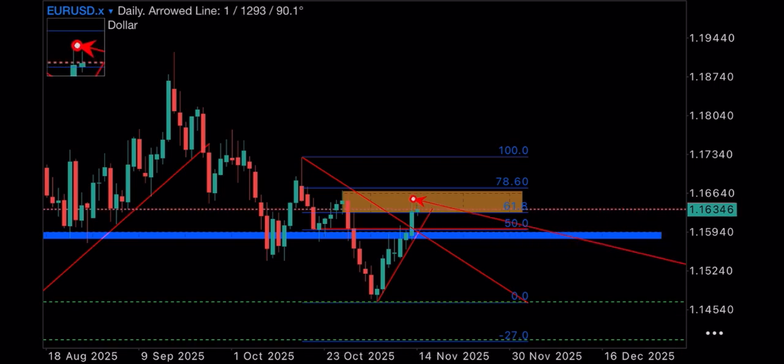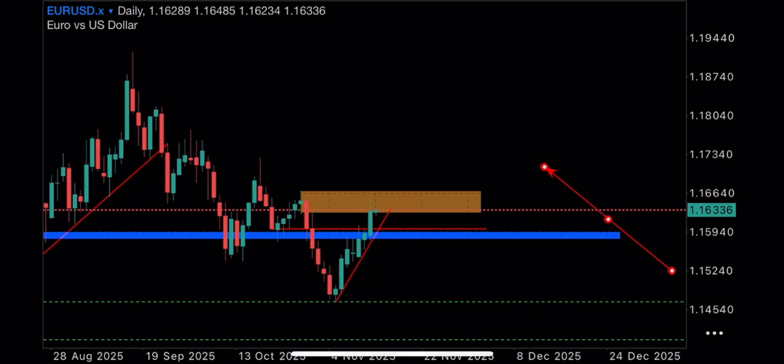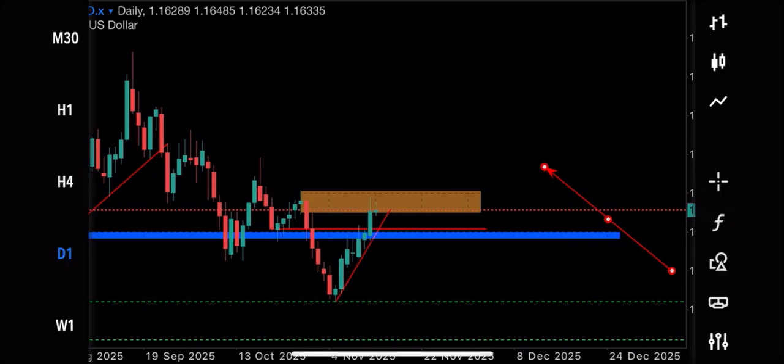And we have it in the golden zone as well, all right? Price is at our golden zone, but we will not just take a trade because this is the daily time frame. So what we do is we'll have to go to a lower time frame like the 4 hour or 1 hour, and we see what price is doing there.